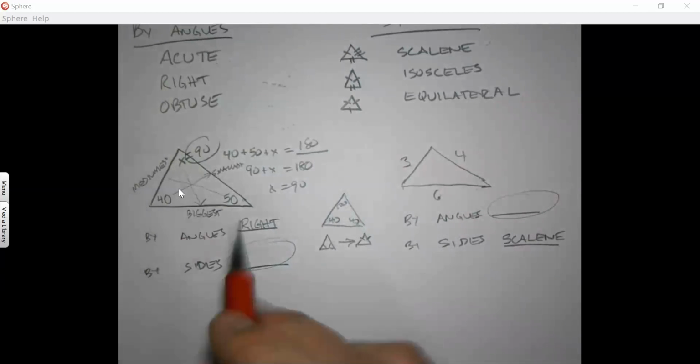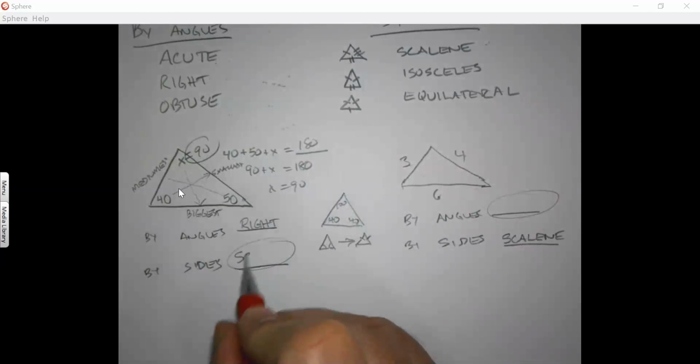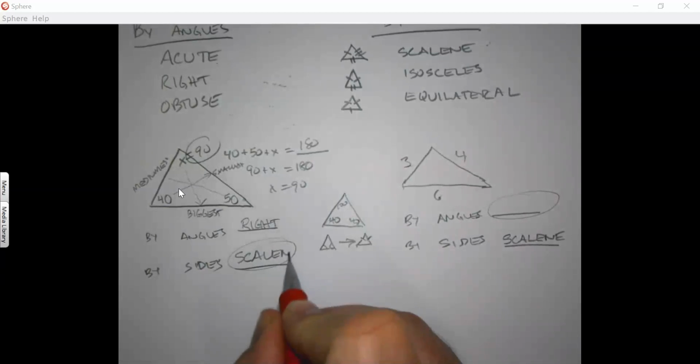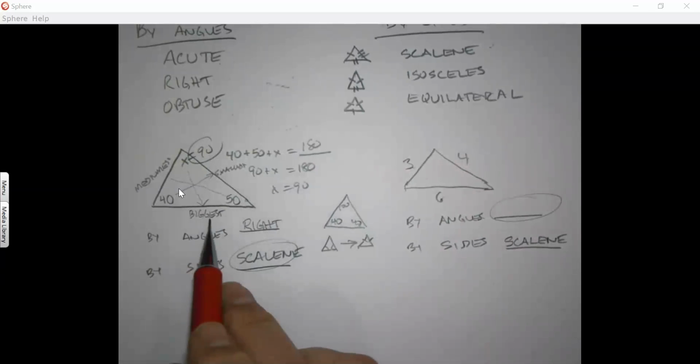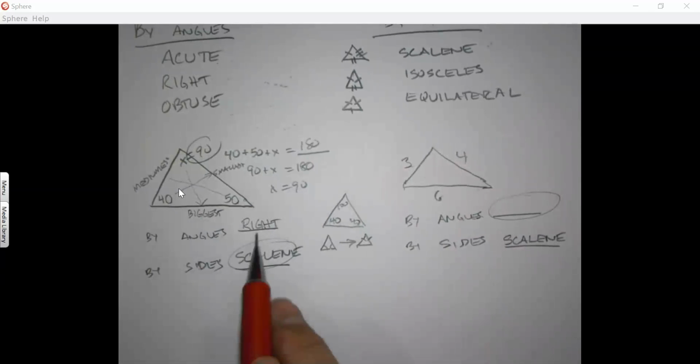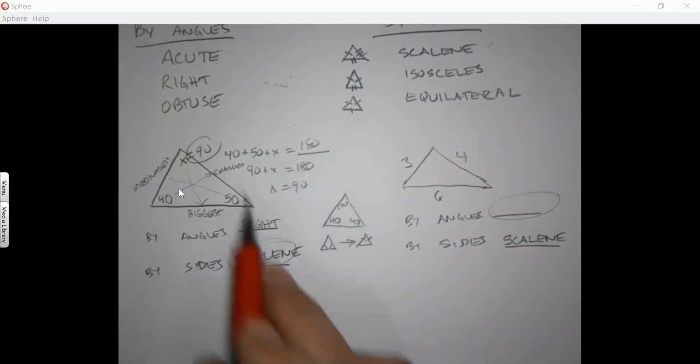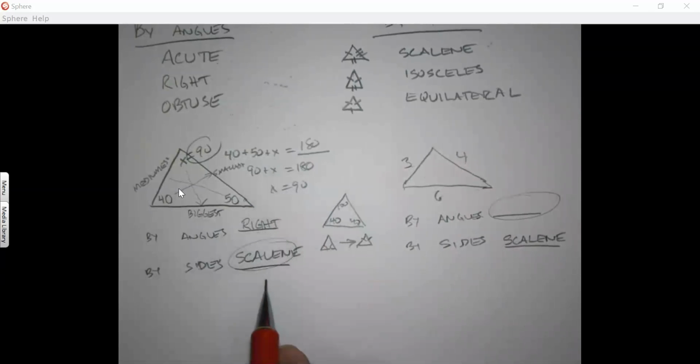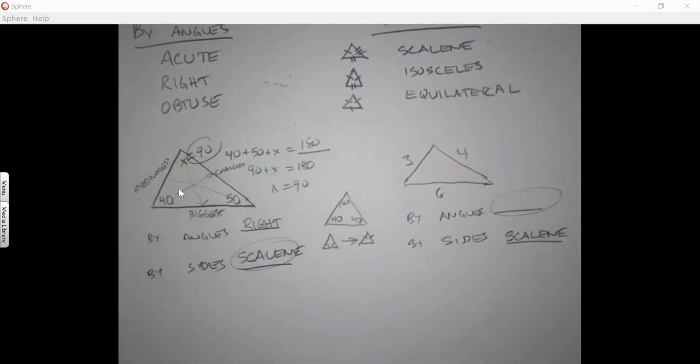But we don't have that. Here we've got three different angles, therefore we can say that the three different sides are going to also be true. So we can, in fact, when we're given three angles, classify it by both angles, as we saw first easily, and by sides with our new triangle inequality theorem. Any questions on that?